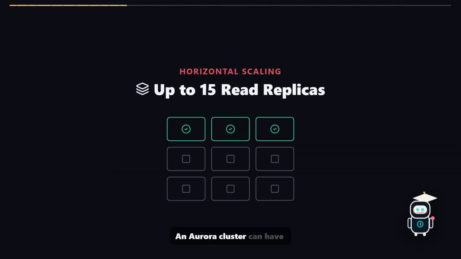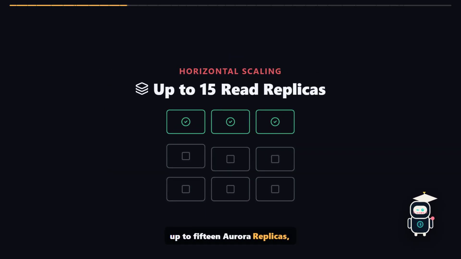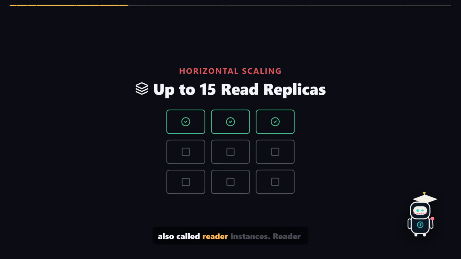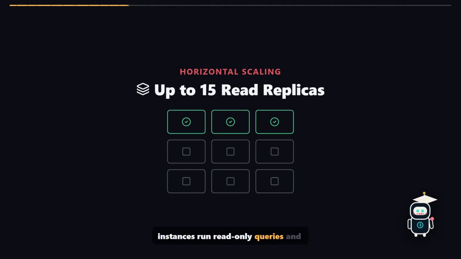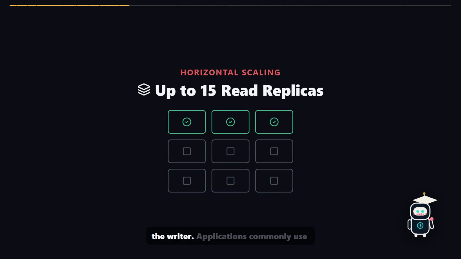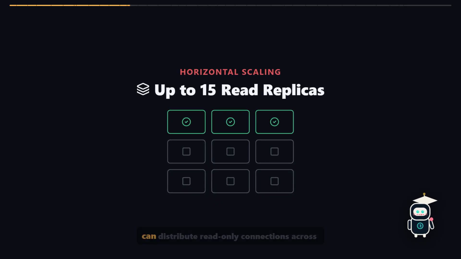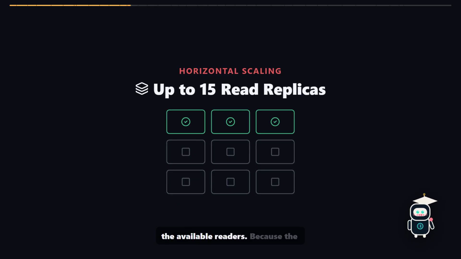An Aurora cluster can have up to 15 Aurora replicas, also called reader instances. Reader instances run read-only queries and help offload read traffic from the writer. Applications commonly use the reader endpoint, so Aurora can distribute read-only connections across the available readers.